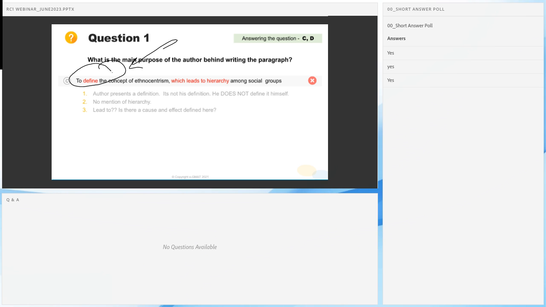The second thing is EC doesn't lead to hierarchy. What the author really says is, in EC this happens. It's not that EC causes hierarchy among social groups. Correlation means these things happen together. It's not causality. Okay. People who chose choice C, is that clear to you? Why is this wrong?